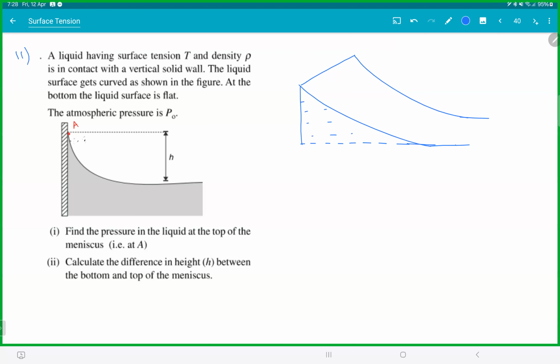You're getting how the 3D view is? So it's like a slope. This is the front view, what they're showing in the question. So he's asking find the pressure at point A and he's asking find H. I can even ask you one more thing here. Radius of curvature at point A.